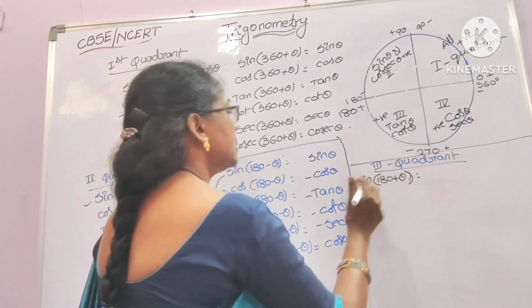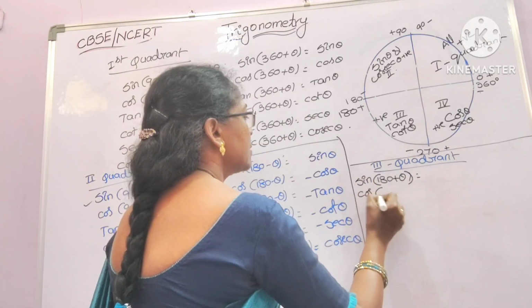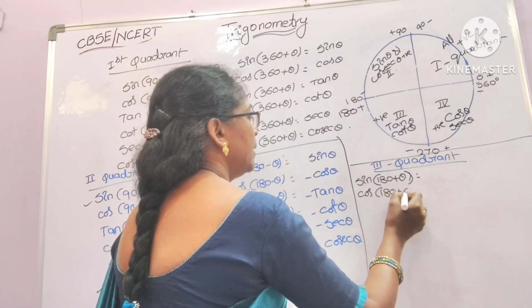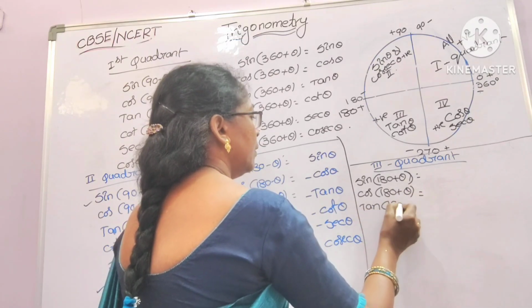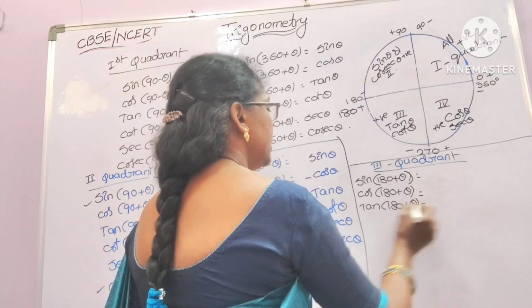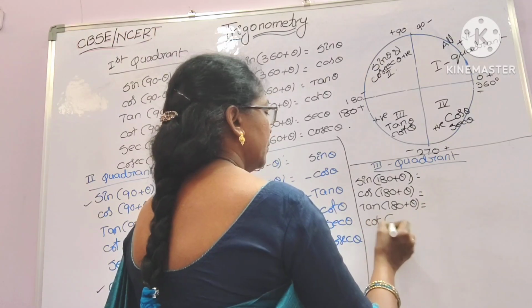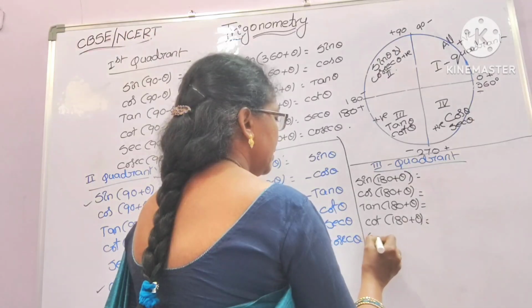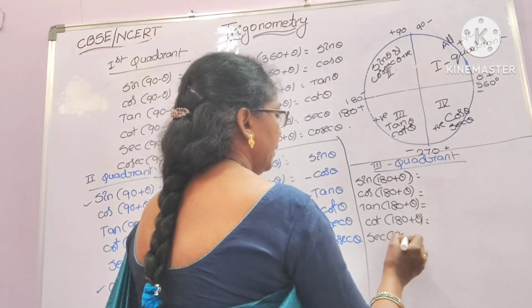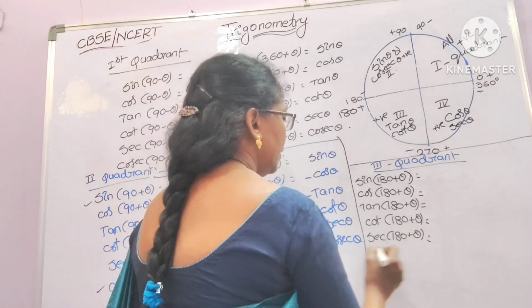Here 180 plus theta. Again cos 180 plus theta. Again tan 180 plus theta. Again cot 180 plus theta. Again secant 180 plus theta.